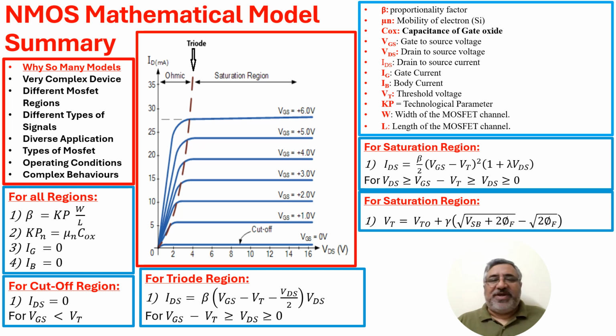Now we discuss the features of the model which are common for all regions. Here the parameter beta, also known as the transconductance parameter in MOSFET, is defined as beta equals Kp multiplied by W over L, where Kp represents the process transconductance parameter, W is the width of the MOSFET channel and L is the length of the channel.